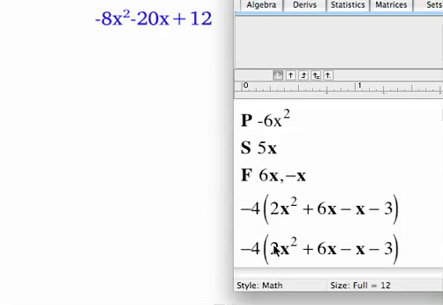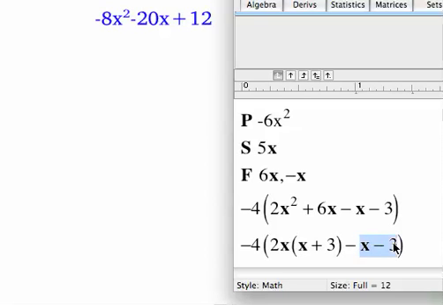What's common with 2x squared plus 6x is the 2x. Once I factor out the 2x, we're left with x, and dividing 6x by 2x, we're left with 3. So x plus 3. Over here, what's common is just a minus 1.